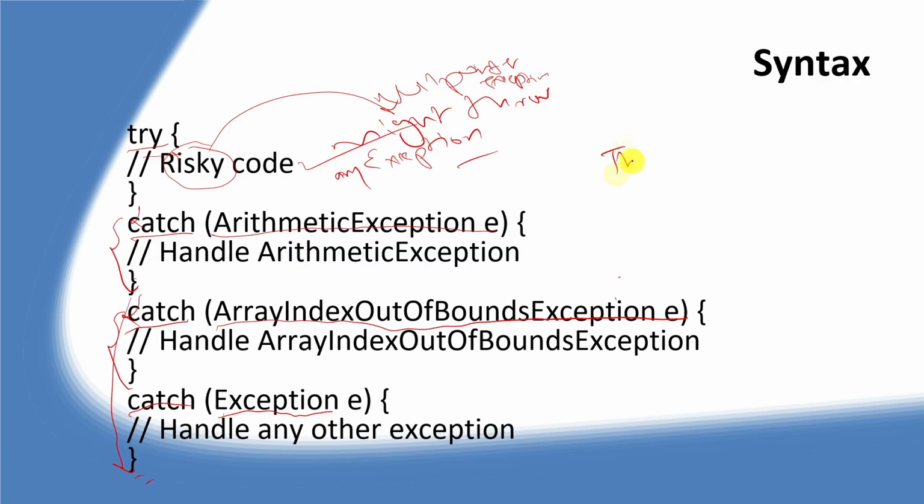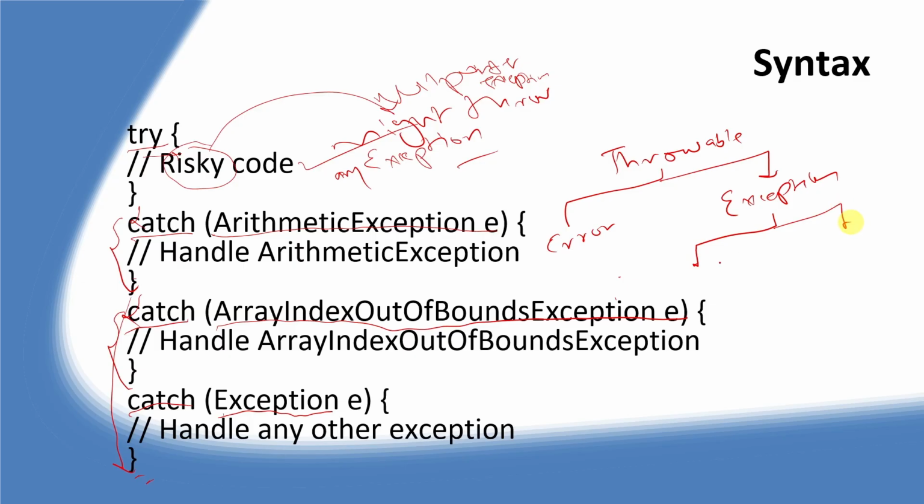The parent class is Throwable, and its child classes are Error and Exception. Further child classes are runtime, which we call unchecked exceptions, and checked exceptions. So this is the exception hierarchy.